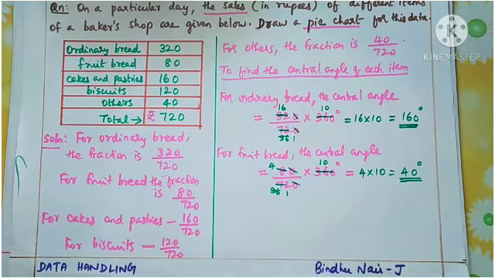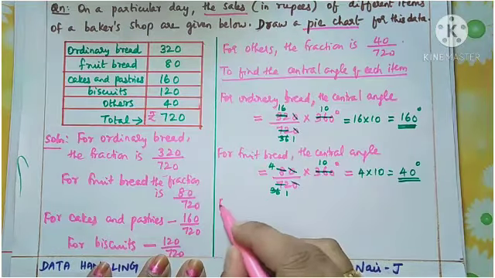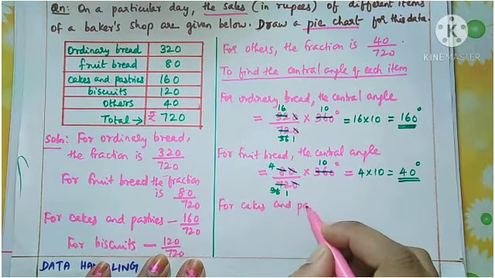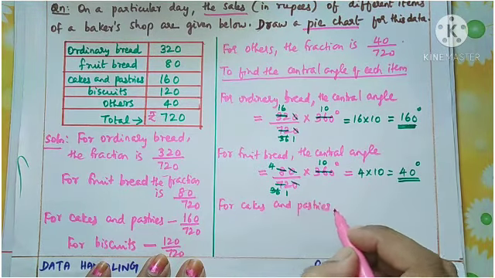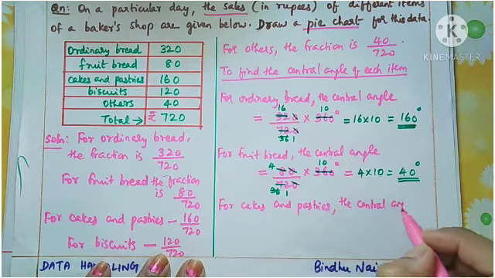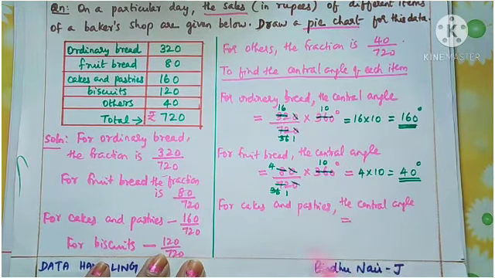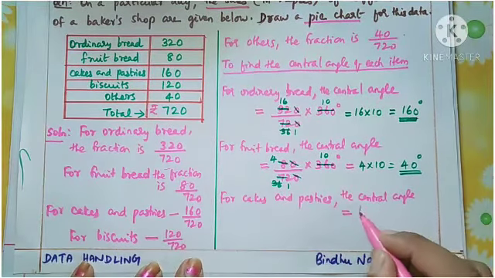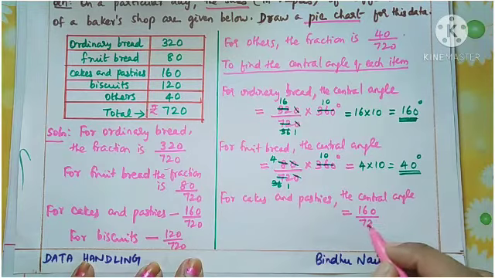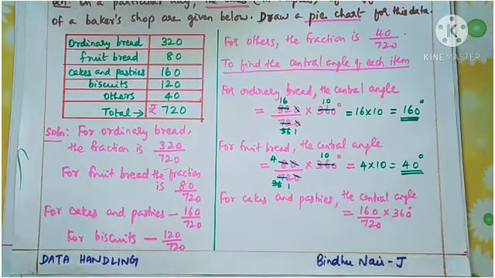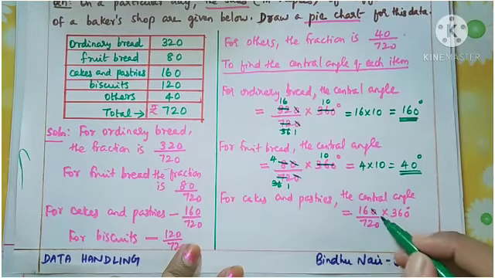Now come to the third one, for cakes and pastries. For cakes and pastries, yes, the central angle is equal to, yes, what is the fraction for cakes and pastries? We have already written 160 by 720. Multiply that by 360 again. Yes, this 0 0 cancels.